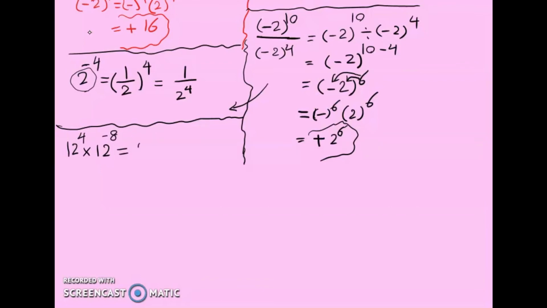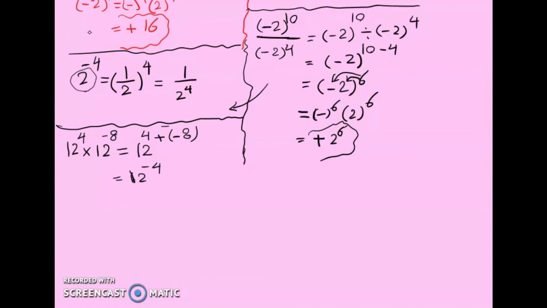You need to write the base unchanged, one 12, and just add up the two exponents. It means 4 should be added to negative 8. So the result is 12, and here positive plus negative would be negative, 4 take away 8 would be negative 4. Agree?